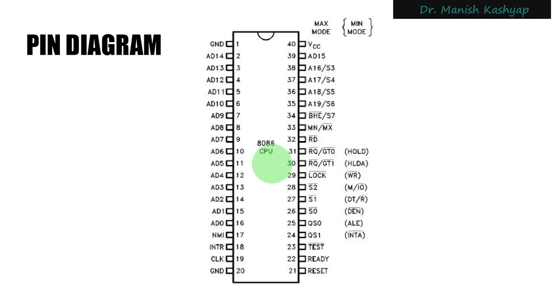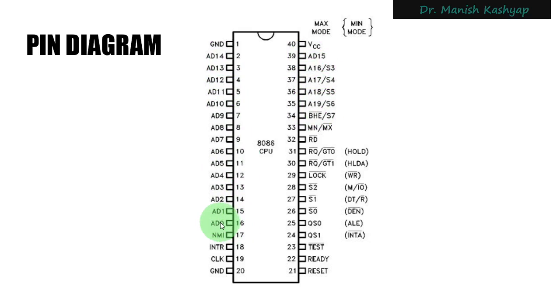So now let me begin by explaining each and every pin that you see here. Let us first begin with the address and data bus. As you can see here, these pins AD0, AD1, AD2 till AD14, and then after AD15, 16, 17, 18, 19.